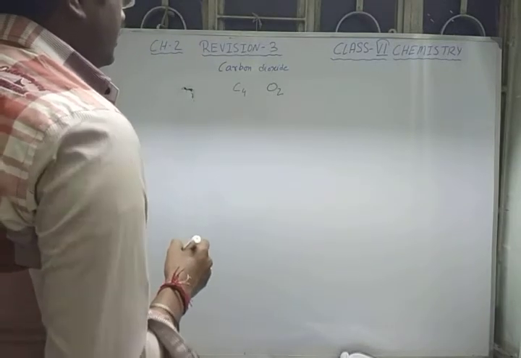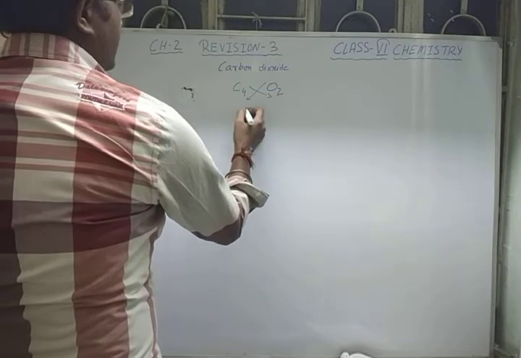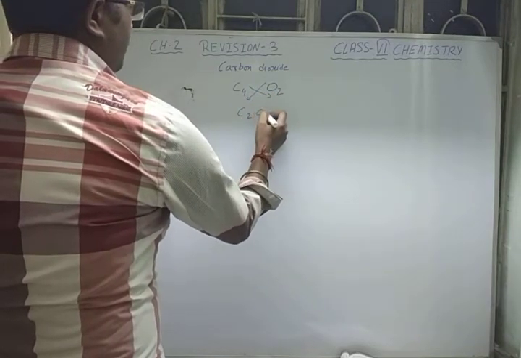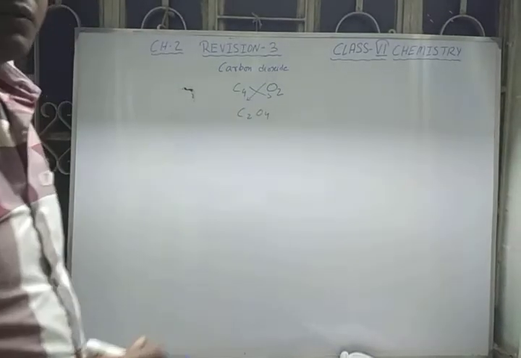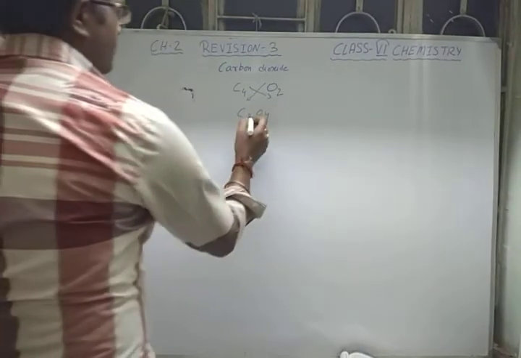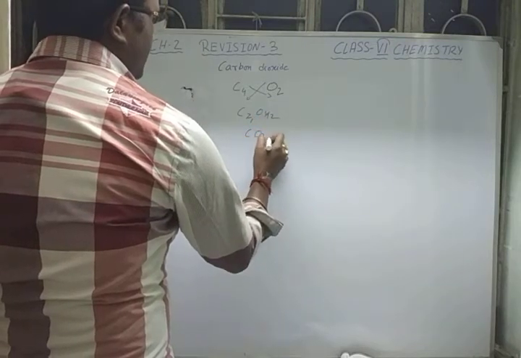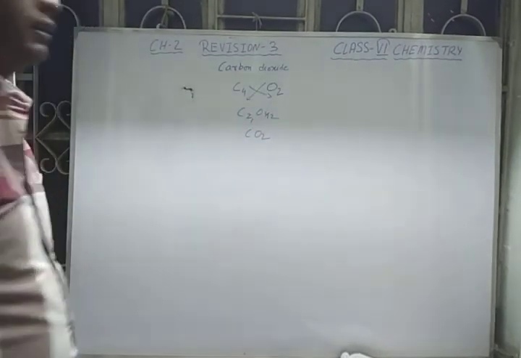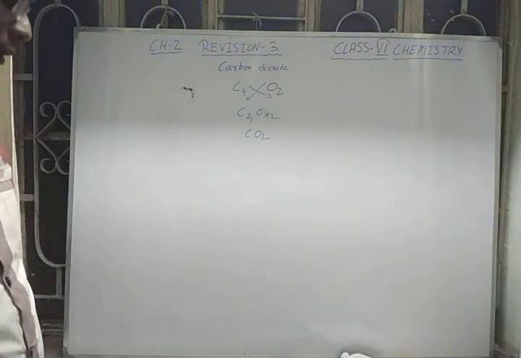After that, when you do the crisscross, what will you get? C2O4. Now this 2 and 4 have a common factor 2, so you can do the cancellation. 2 1s are 2, 2 2s are 4. Ultimately we get CO2 as the formula of carbon dioxide. In this way you can make a chemical formula.